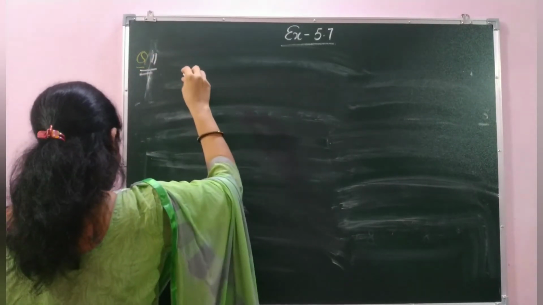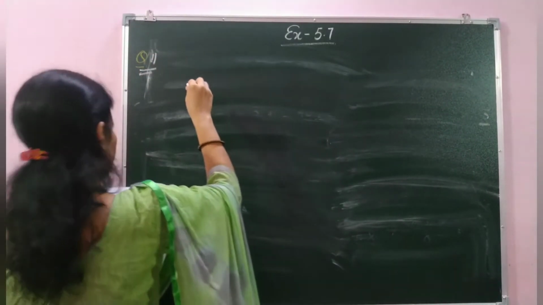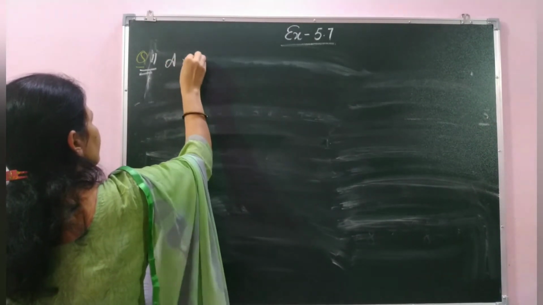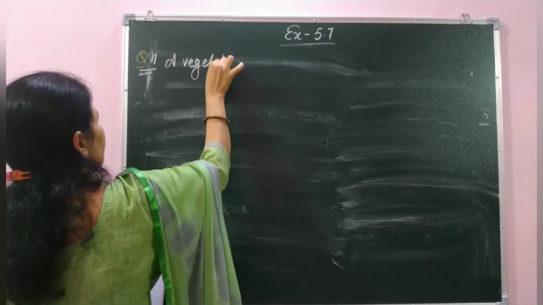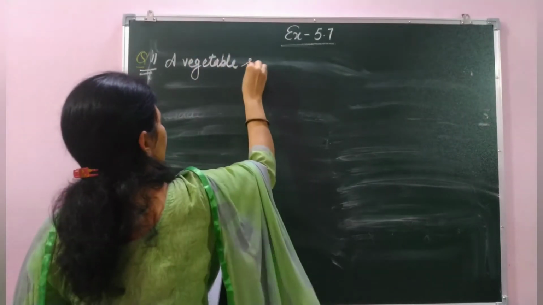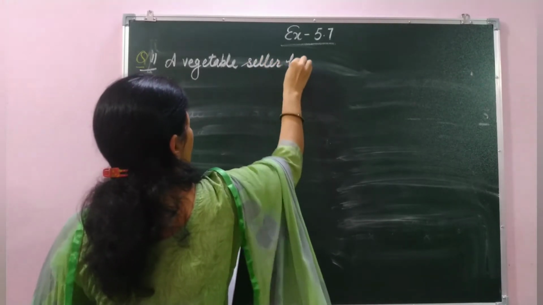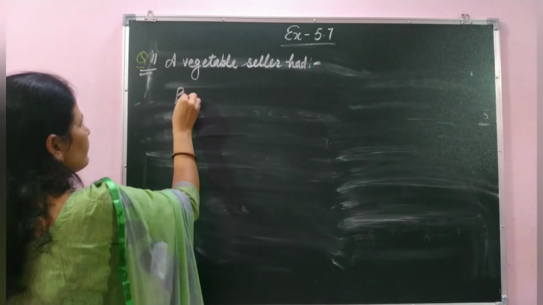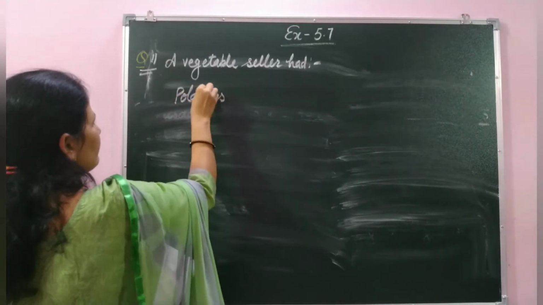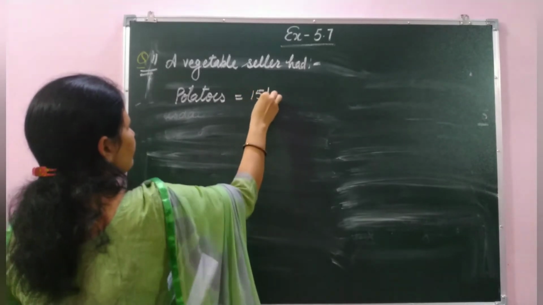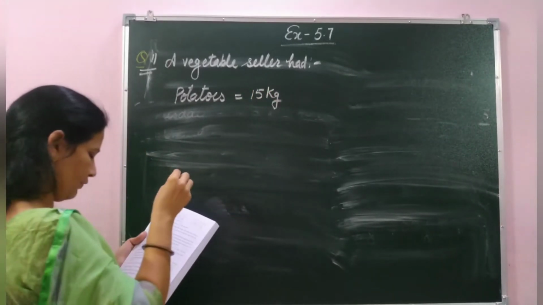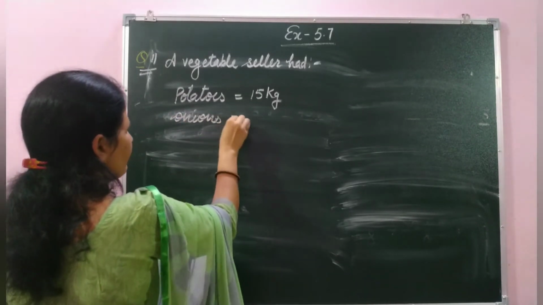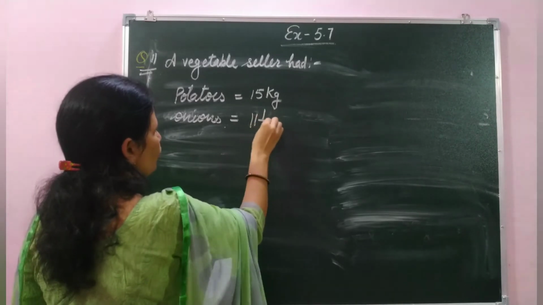So here we will first write the weight of the vegetables. A vegetable seller had first of all potatoes, that is 15 kg. Then onion, 11 1/2 kg.